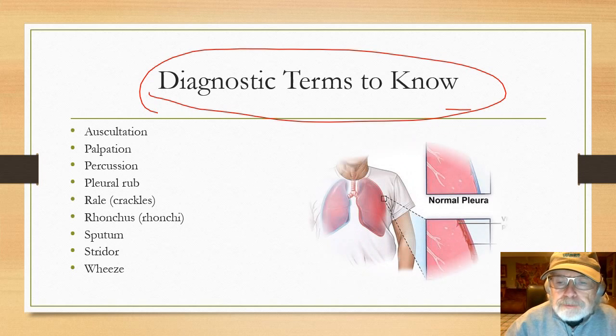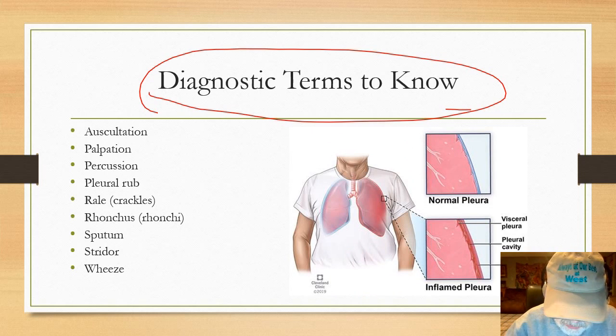A pleural rub. The pleura is that membrane that lines the inside of the chest and covers over the lung itself. Sometimes there'll be some inflammation of that pleura, and instead of being nice and smooth and slidey, it becomes sort of gritty and inflamed and rough.